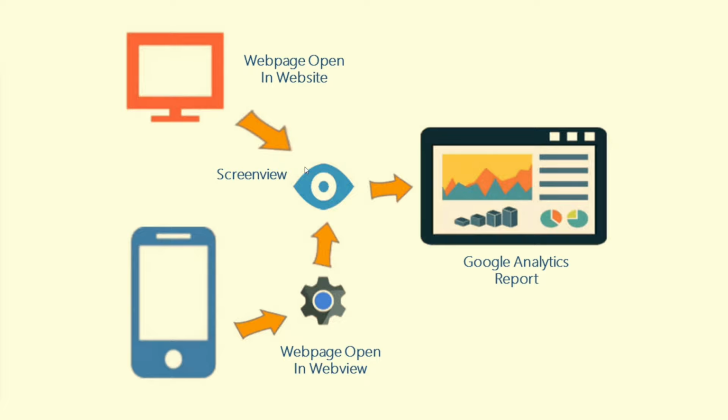This is how Google Analytics works without Tag Manager. You open a web page in your browser or in a mobile browser, and the page view is tracked by Google Analytics through a code snippet you have in your code.